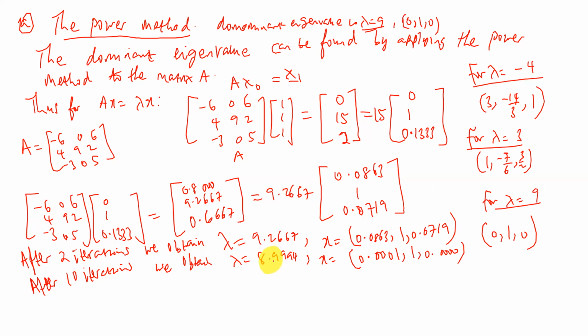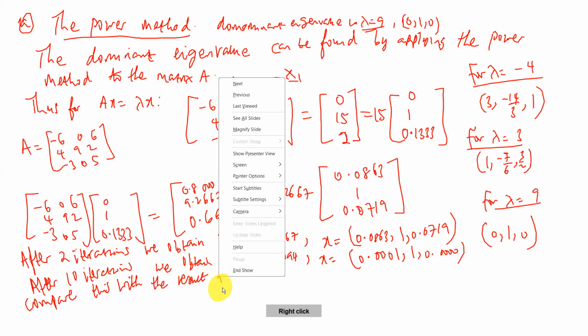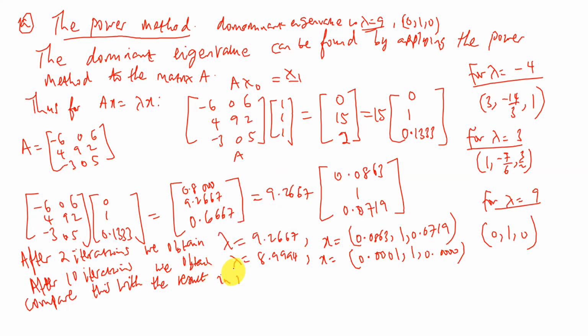So what do we do with all these here? So compare this with the result in Roman figure 1 when we look at dominant eigenvalue being 9 and p equals 1.